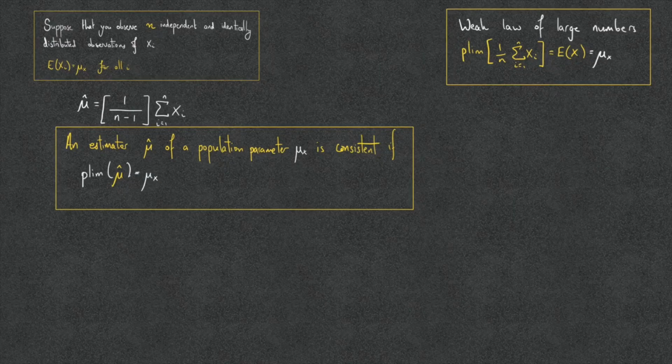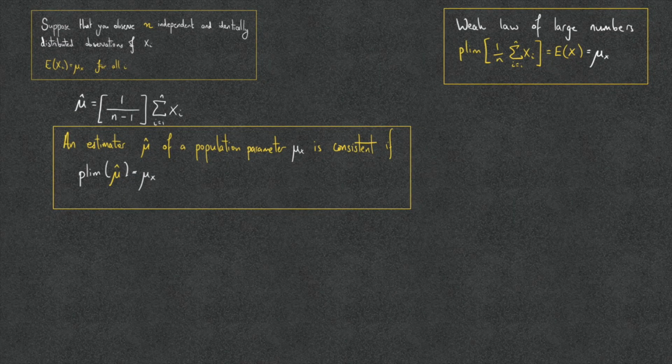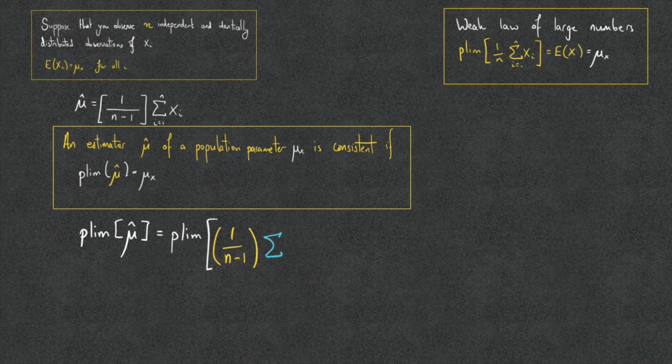We're going to try and find the probability limit of our estimator. So we're going to find the probability limit of mu hat, which is the same as the probability limit of (1 over n minus 1) times the sum of the xi's.